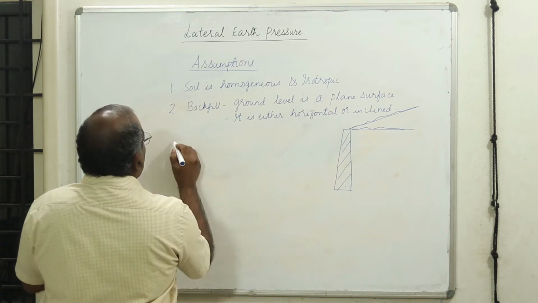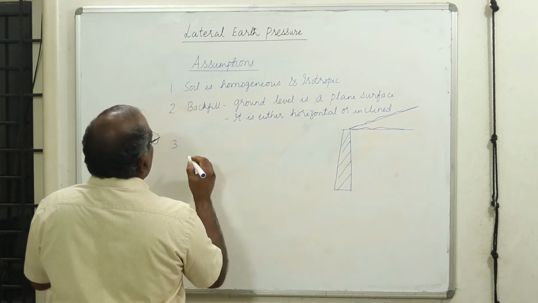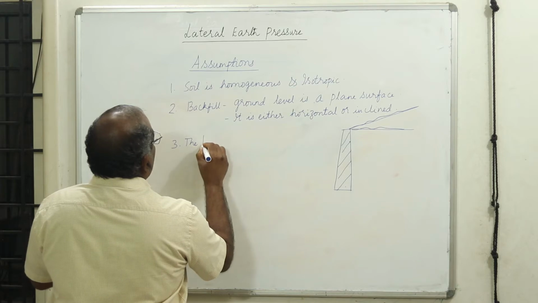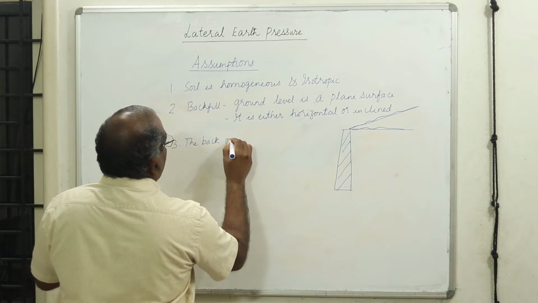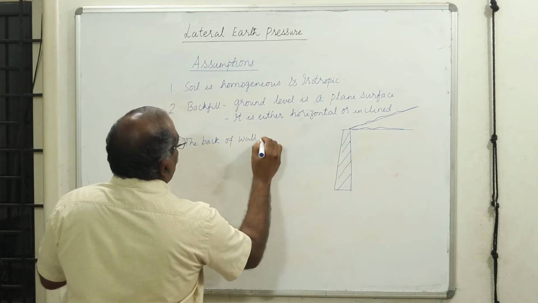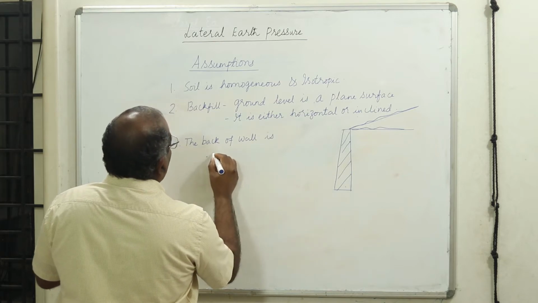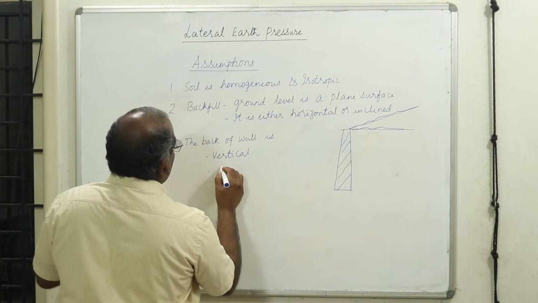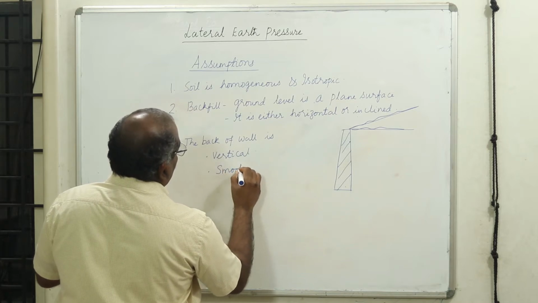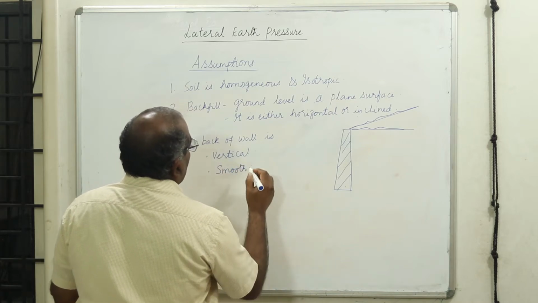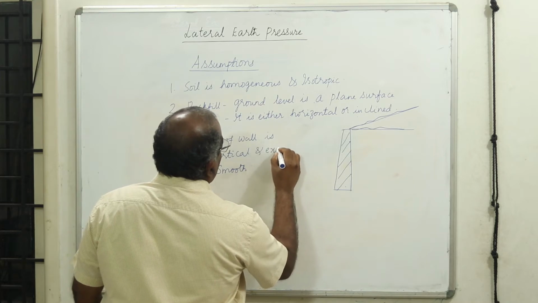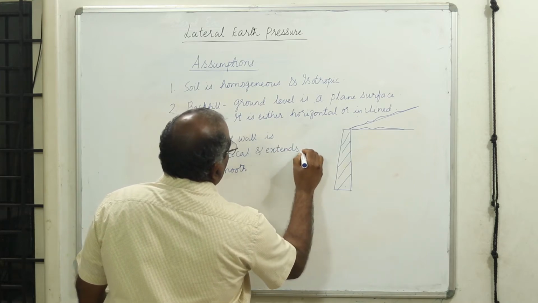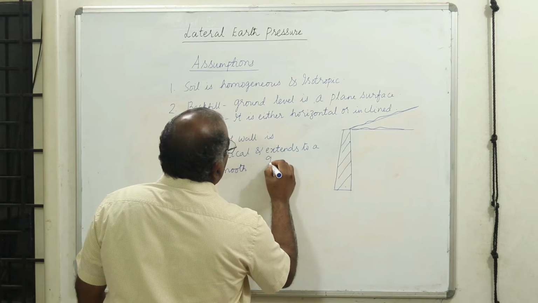The third one is that the back of the retaining wall is vertical and smooth. It is vertical and extends to a great depth.